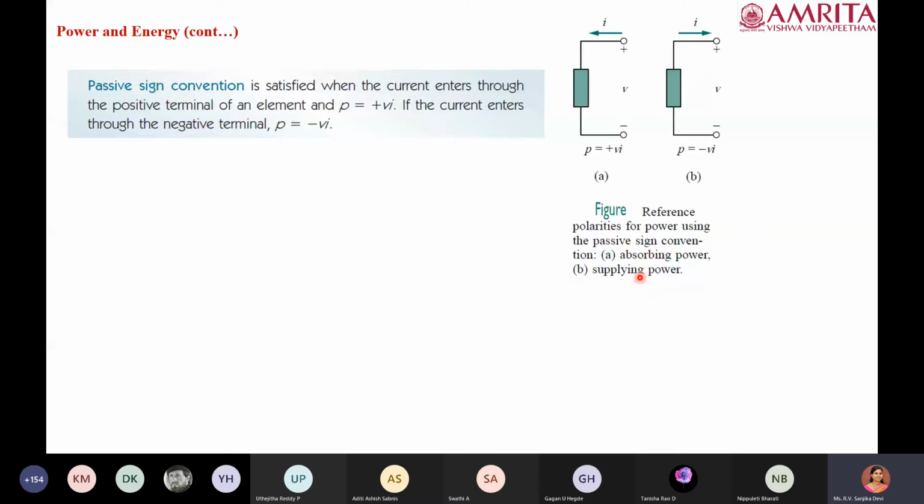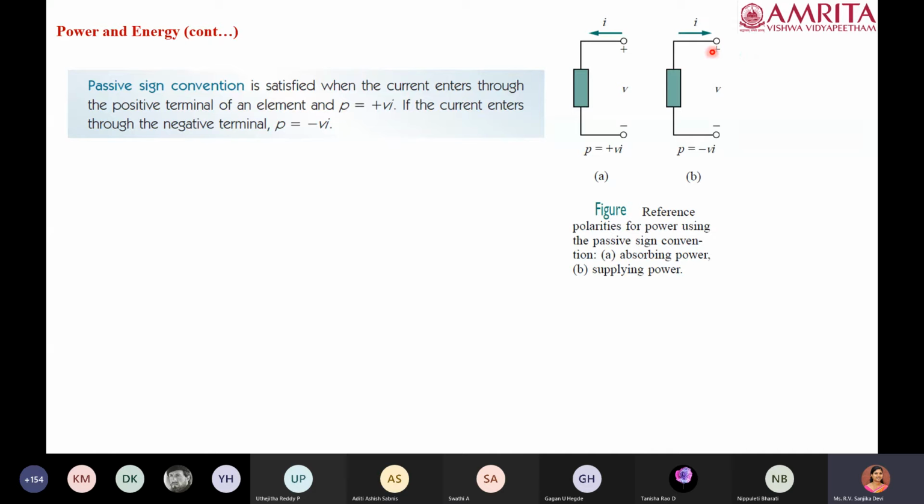Say, if we have a circuit element, which is represented using this green box, it will have a voltage across it, and the current can either enter the element or come out of the element. The reference for the passive sign convention is that if current comes out of the positive terminal of that particular element, this element is going to supply the power.